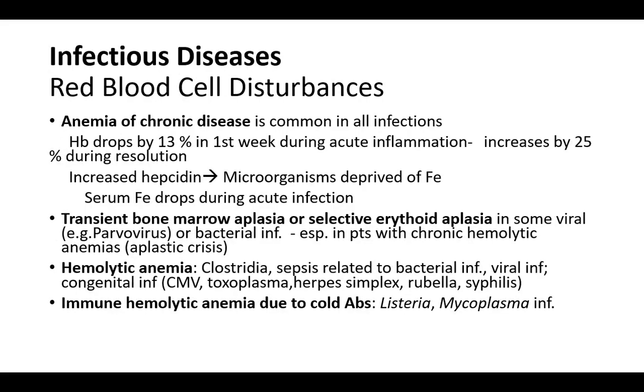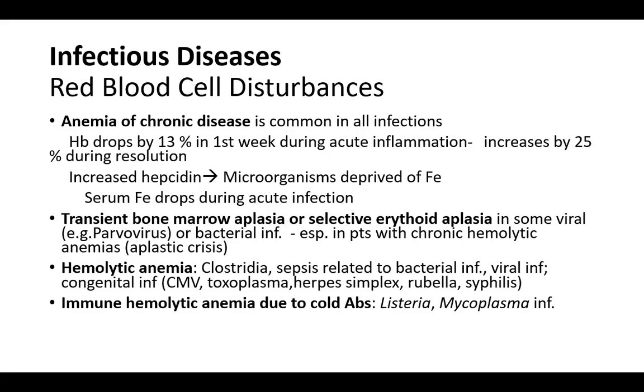Infectious diseases, in many cases, have hematological manifestations. Of course, anemia of chronic disease is common, as the name implies, in almost all infections. Even in acute infections, you may have anemia.